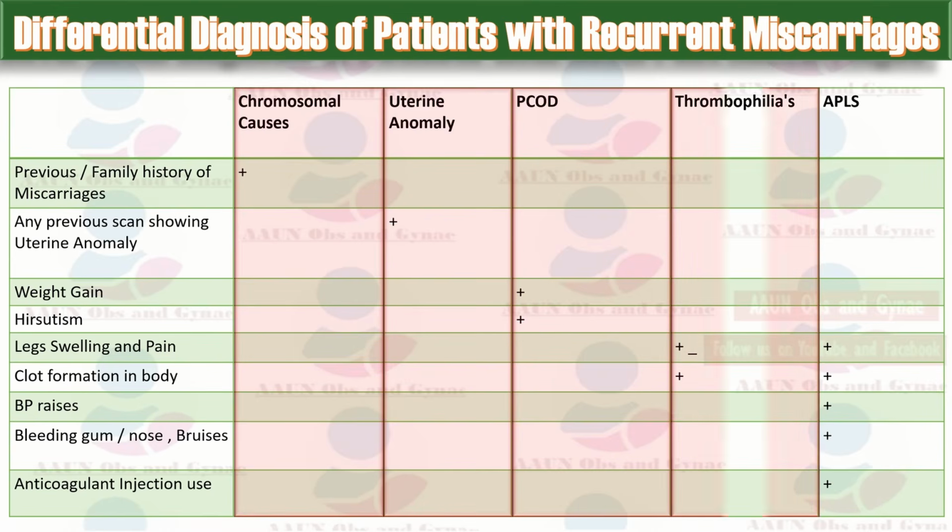For thrombophilia, ask about the leg swelling and pain and clot formation in the body. And for APLS, ask about the history of any raised blood pressure, leg swelling, clot formation in the body, anticoagulant or injection use, and the bleeding gum or nose bleeding or the bruises anywhere in the body.